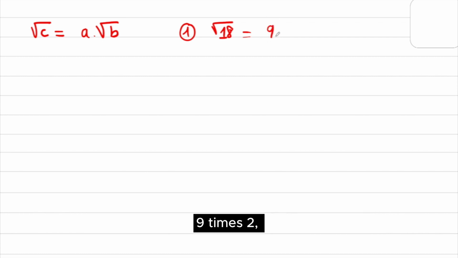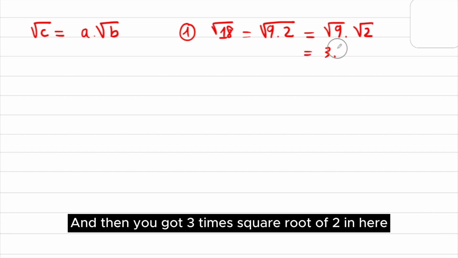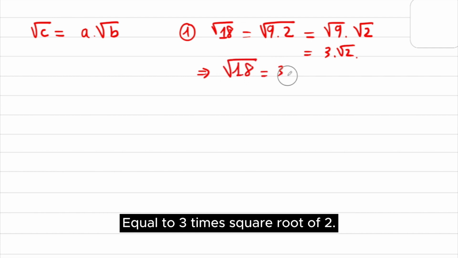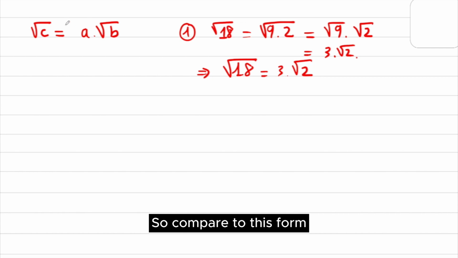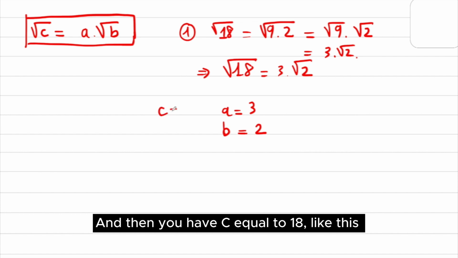Okay, 9. 9 times 2, you get square root of 9 multiply square root of 2, and then you got 3 times square root of 2. In conclusion, square root of 18 is 3 times square root of 2. So compared to this form, you got a equals 3, b equals 2, and then you have c equals 18.